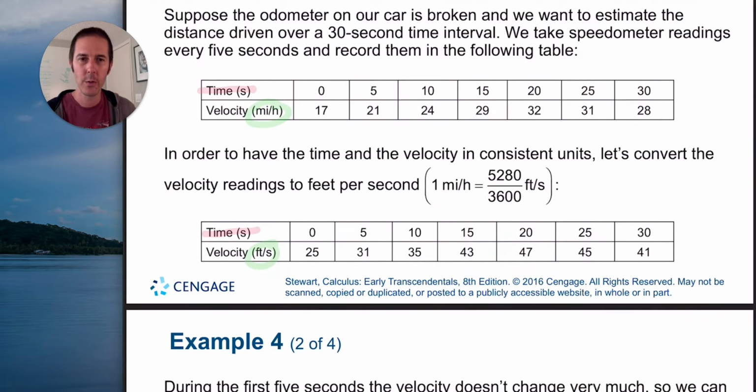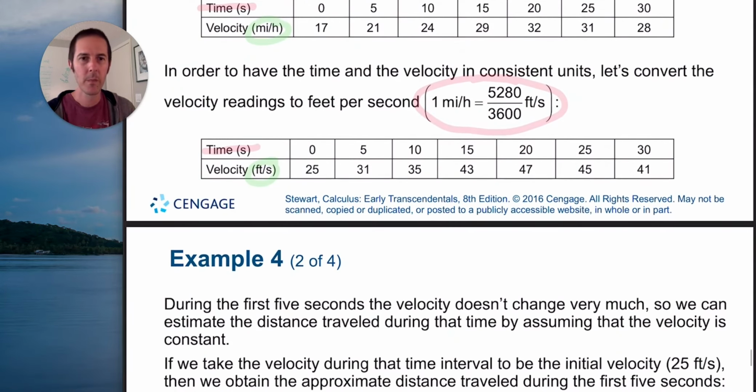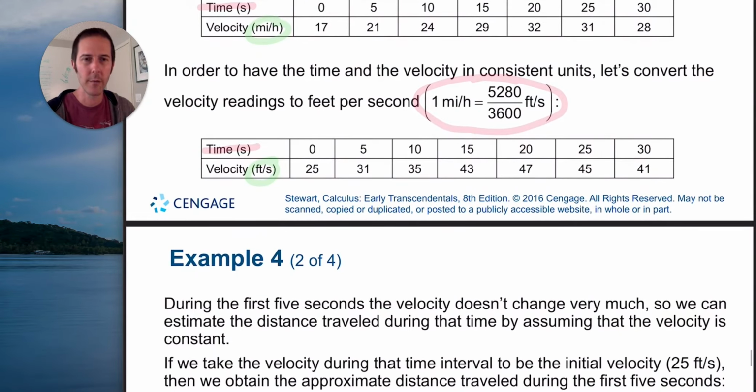So in order to have our units match up better and be able to cancel stuff out, let's make the conversion. 1 mile per hour equals 5,280 feet per 3,600 seconds. There are 5,280 feet in a mile. There are 3,600 seconds in an hour.